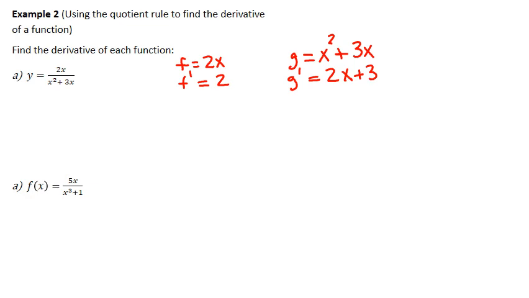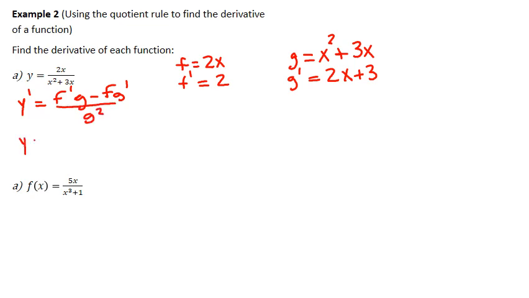Then in order to find my derivative, since it's a quotient, I know my derivative will be fig minus figgy all over g squared.